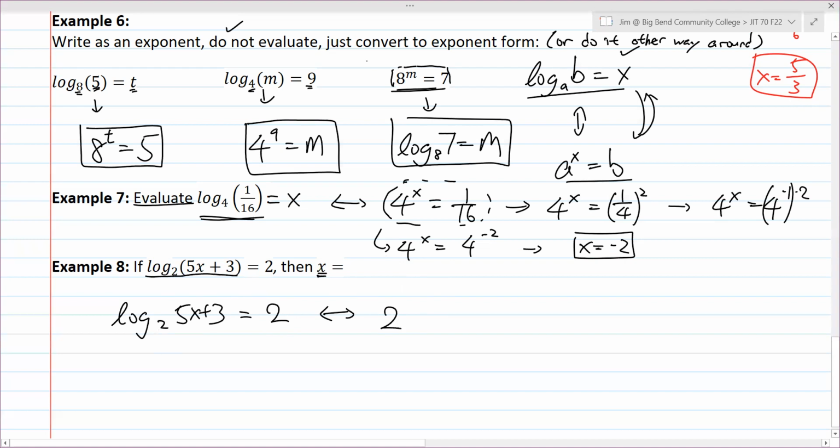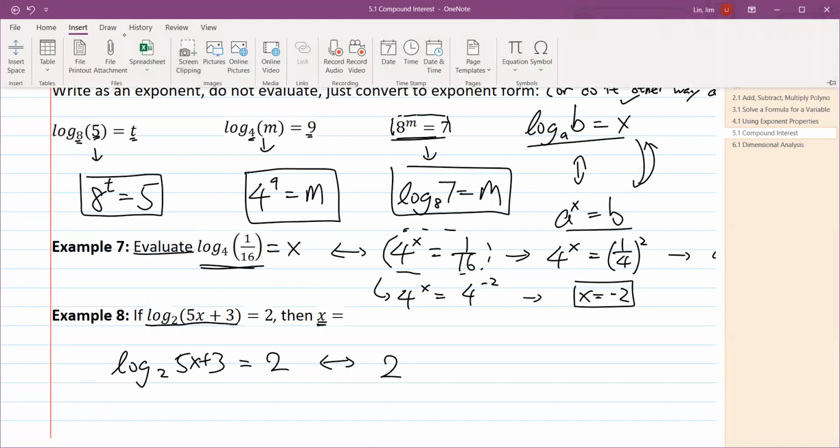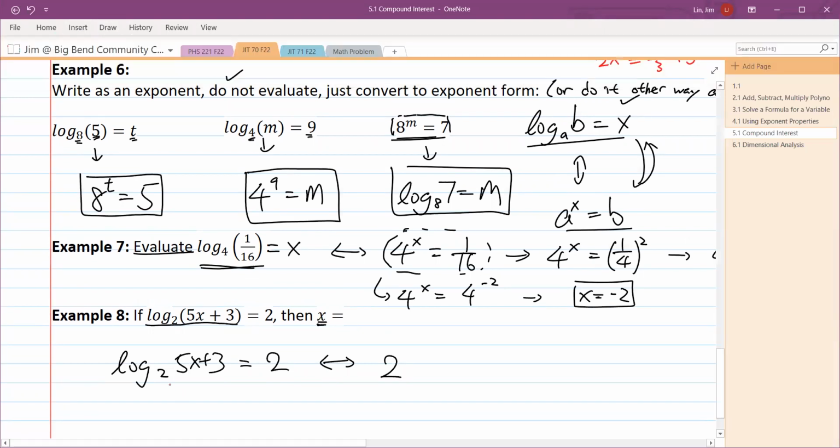But anyway, what we have is the base of 2 applied with the power of 2 that gives you the result, which is 5x plus 3. So let me show you that power shows up right there. And then the result as 5x plus 3 will be indicated on the right-hand side of the equation on the exponent function.